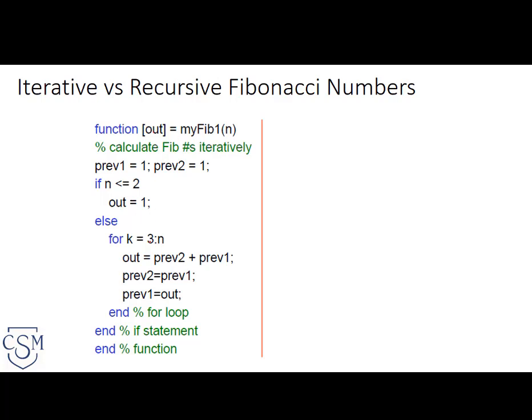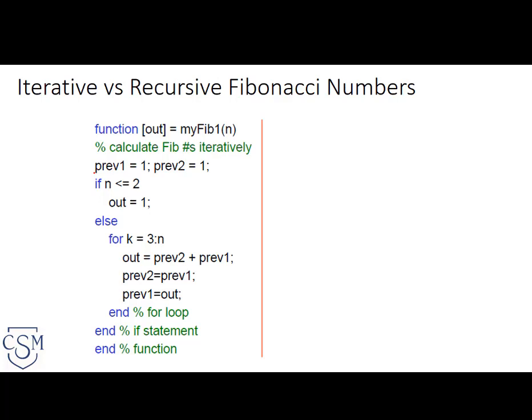But if we want to calculate the third or any higher, we're going to do our for loop, where we'll step from 3 to whatever n is. For the first time through the for loop, the output is previous 2 plus previous 1. If this was the third one, we would be doing 1 plus 1, which would give us 2, which is our third Fibonacci number.